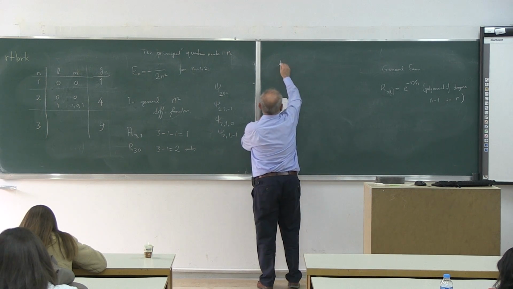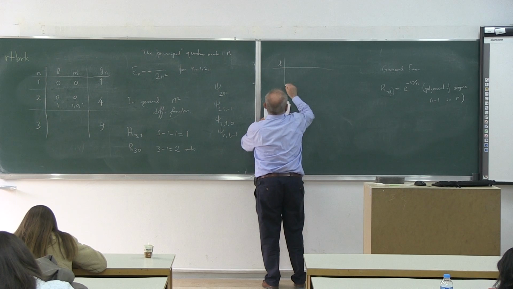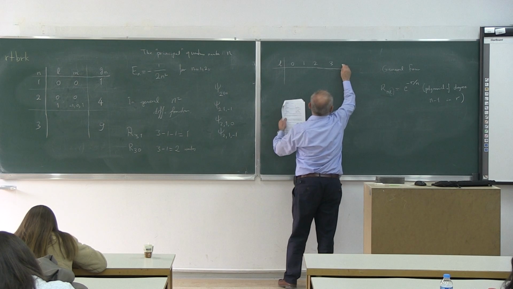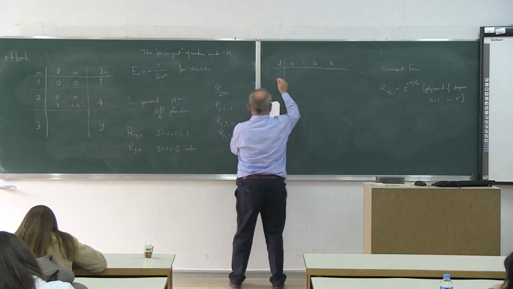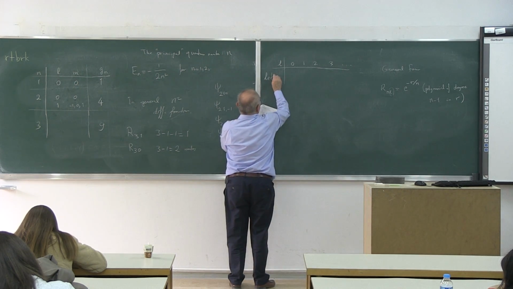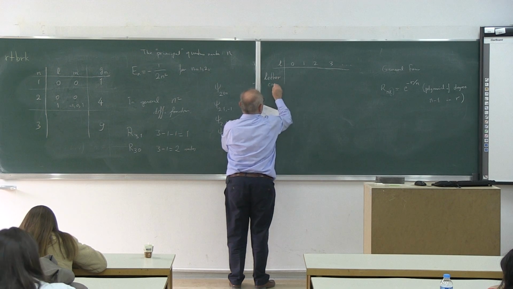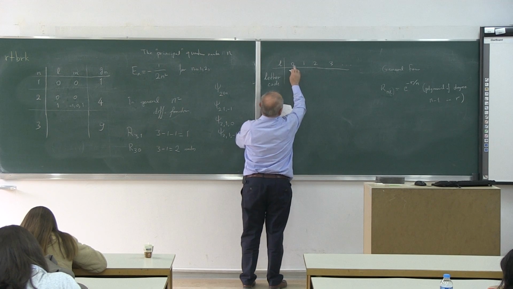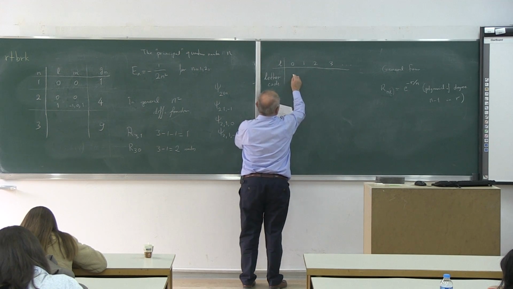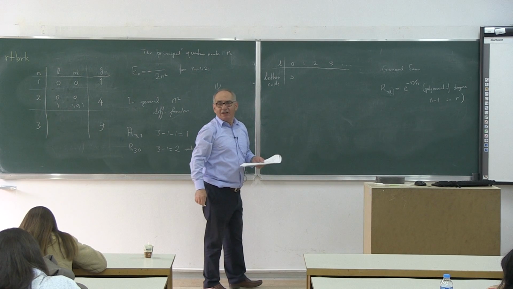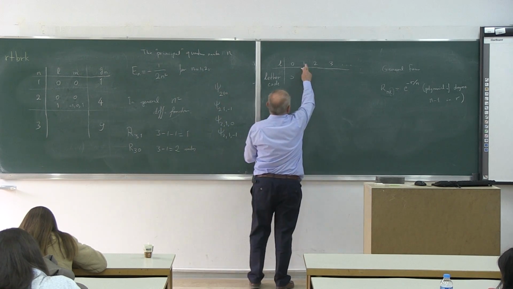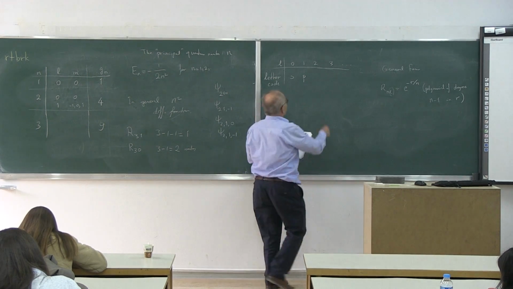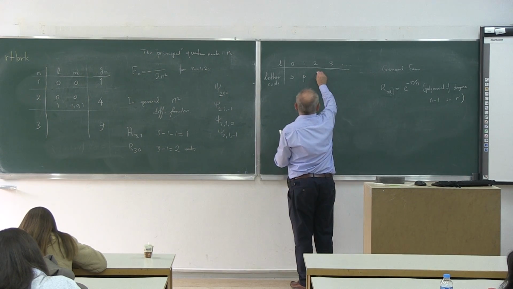So for l values 0, 1, 2, 3, and so on, a letter code is used. And the convention is l equals 0 is denoted by small s, l equals 1 with small p, l equals 2 with d.